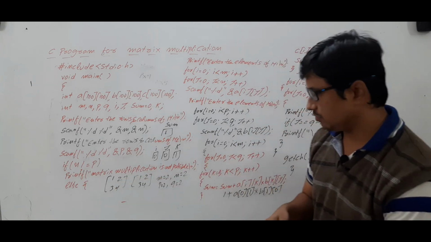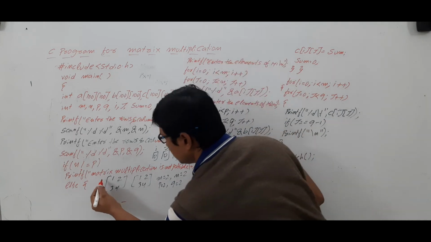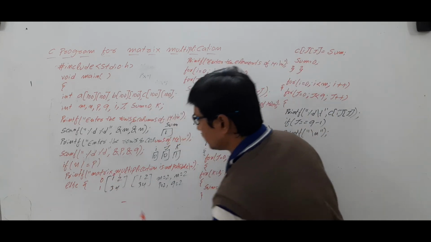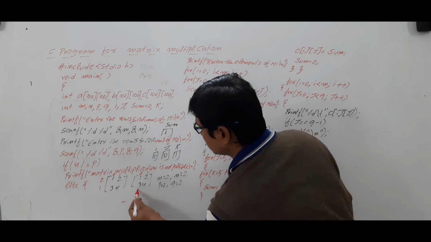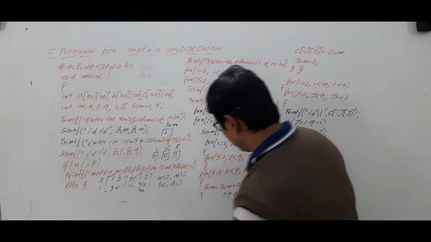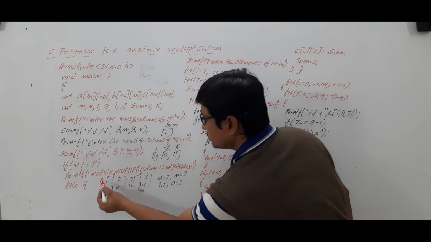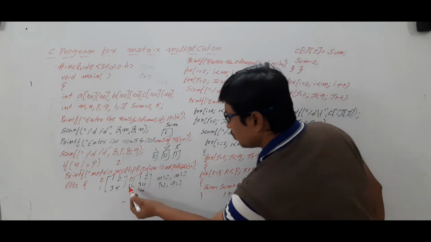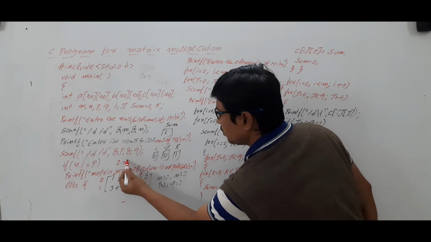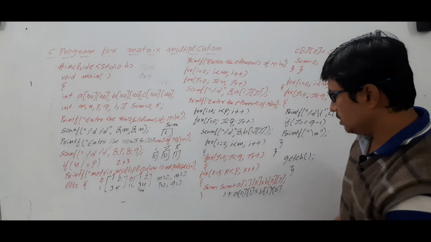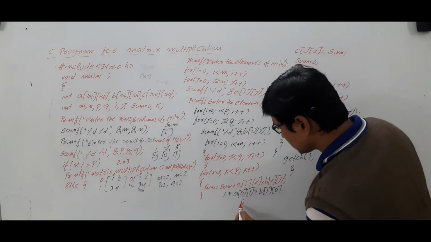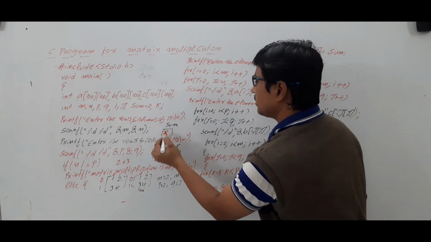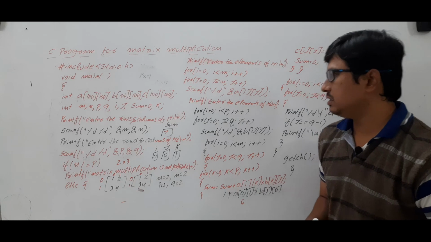Am I right or wrong? If you have a doubt, you can look at this. This is the 0th row, column 1, so a of 0 1 is nothing but 2. b of 1 0 is 3. So you are doing 2 into 3, which gives 6. 1 plus 6 will be 7. So sum will have the value 7.